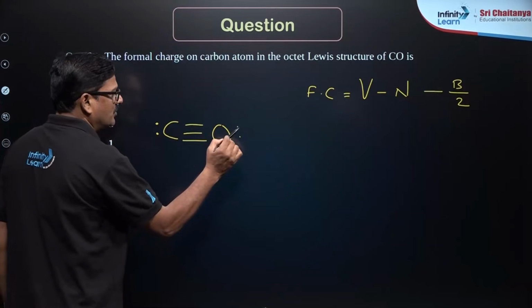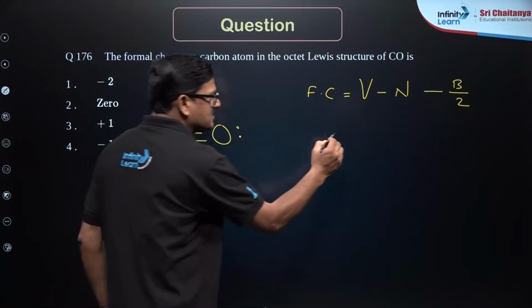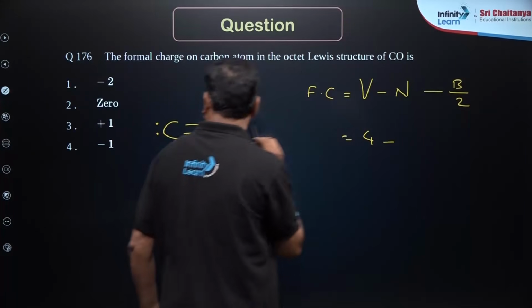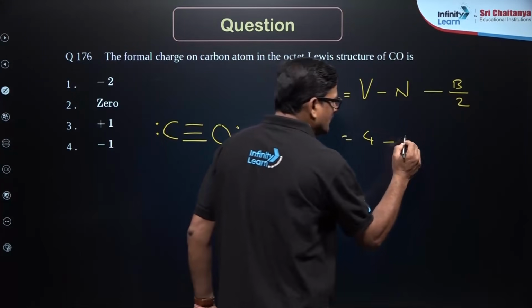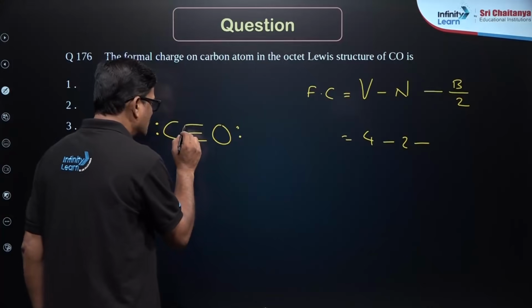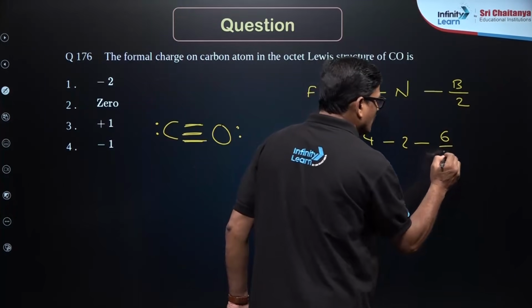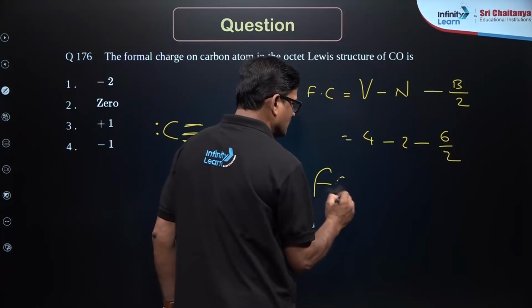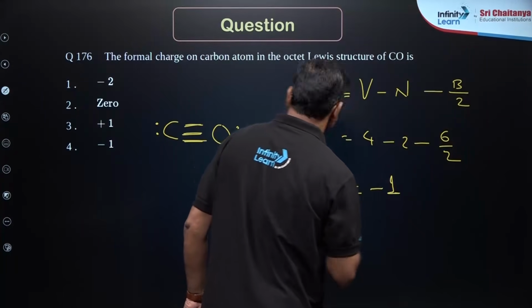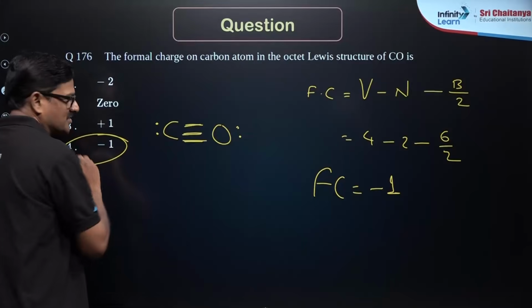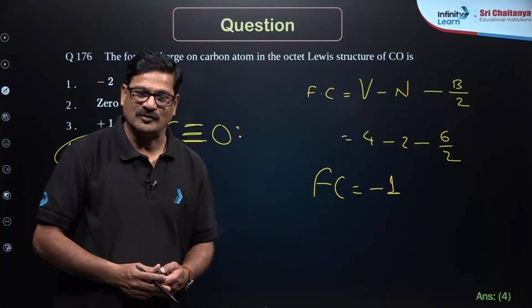If you apply this, the valency of carbon is 4, non-bonded electrons are 2, minus bonded electrons, 1, 2, 3 bonds are there, 6 by 2. On doing so, the formal charge is going to be -1. So my answer for this question is going to be option 4.